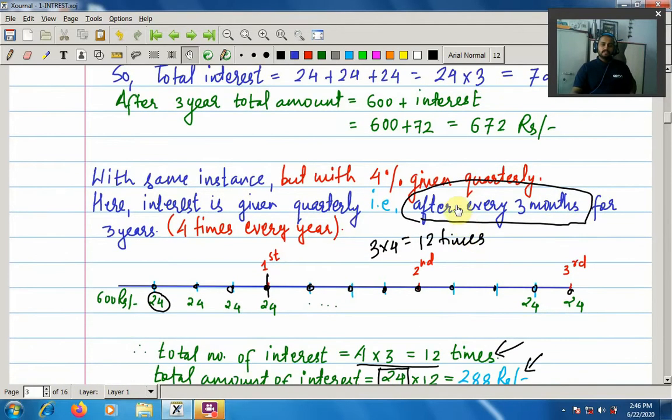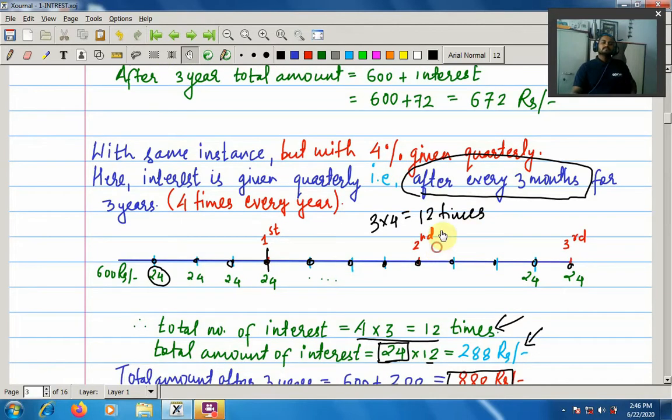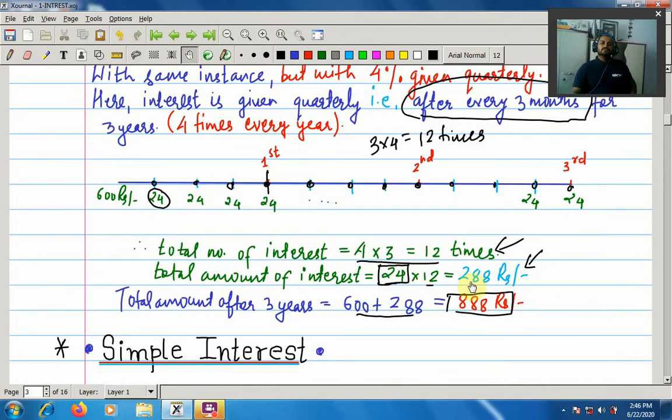But when my rate of interest is 4% but given quarterly, my interest amount is 288 rupees. It's very big as compared to the previous one. So the total money withdrawn after 3 years is 888 rupees.